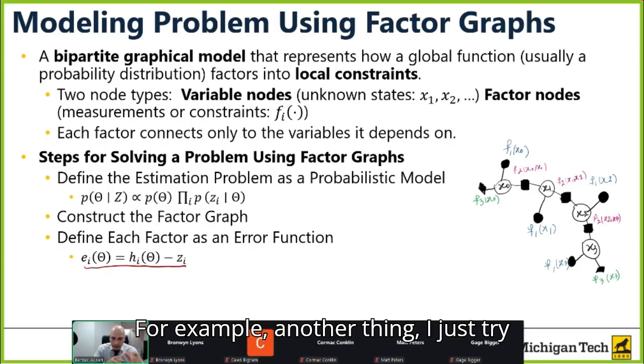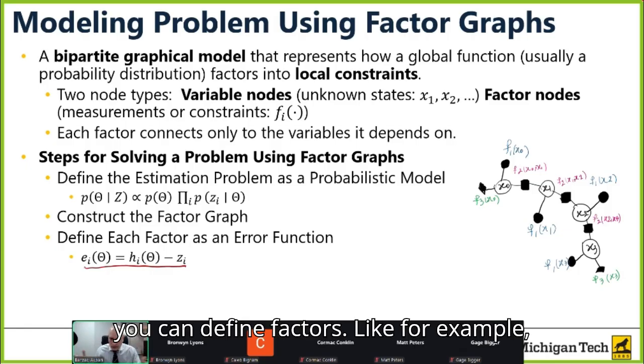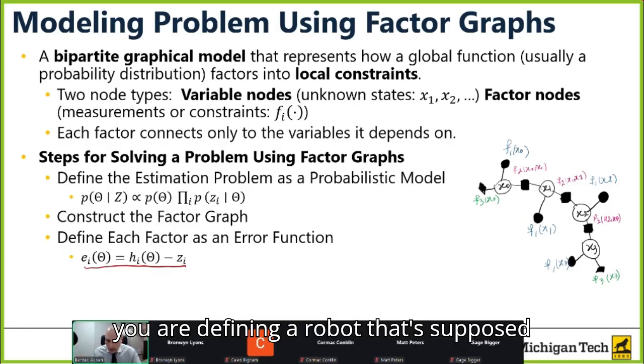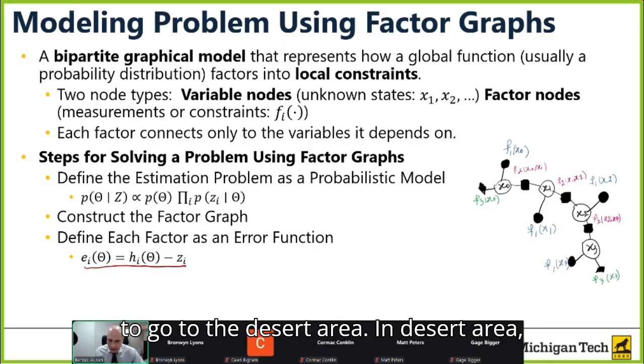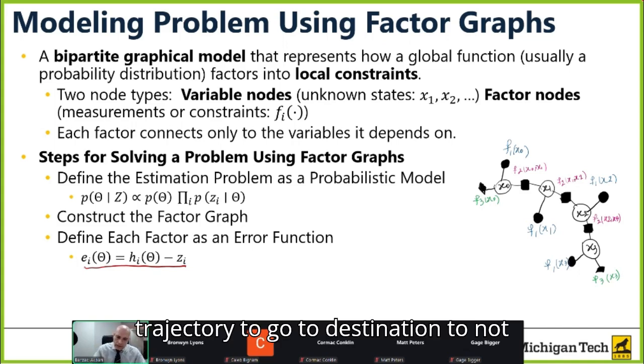Another example, I just try to open your mind to how amazing you can be in defining factors. For example, you are defining a robot that's supposed to go to a desert area. In the desert area, you have hills and different places. You need to see how you find your optimal trajectory to the destination.